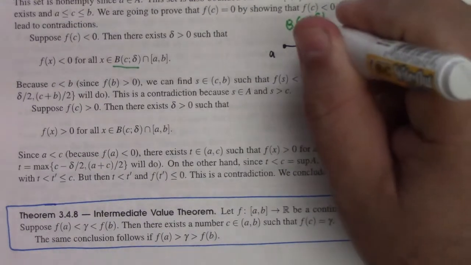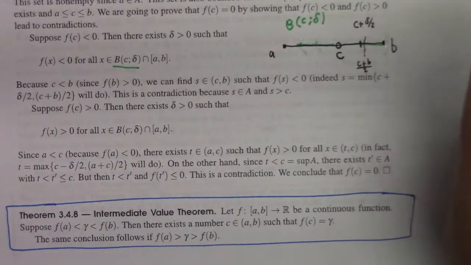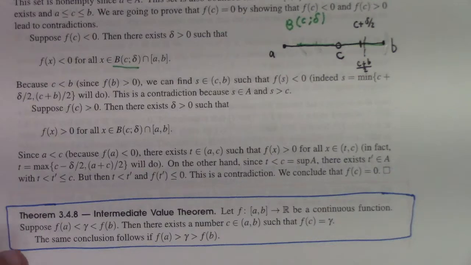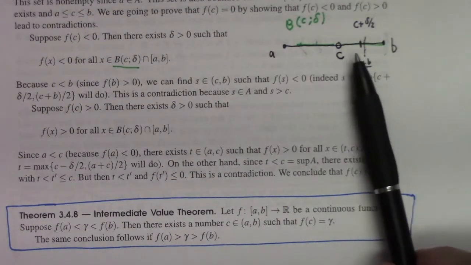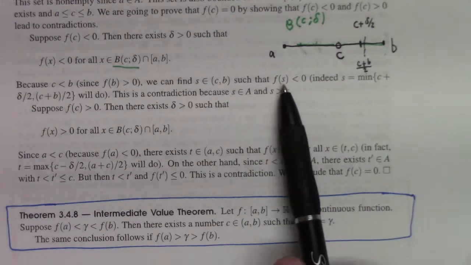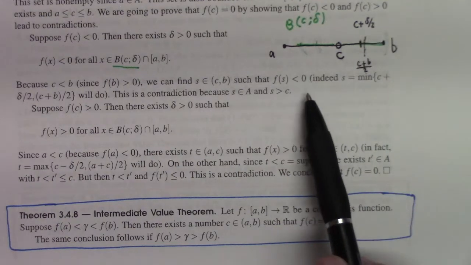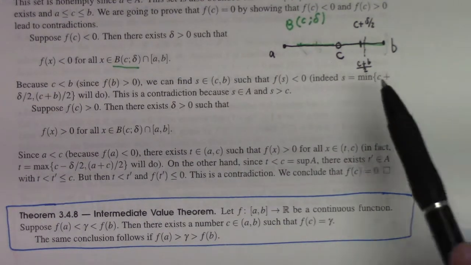Sorry guys. Basically c plus delta has to come in before b, otherwise you're in trouble. But in any event, plus or minus delta from c, the values are negative, right? And so f of s, whether it's the midpoint or whether it's c plus delta over 2, that's negative. And that's a contradiction.